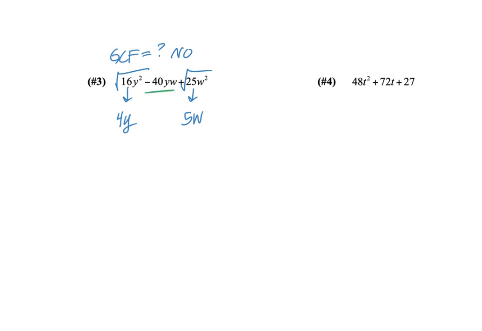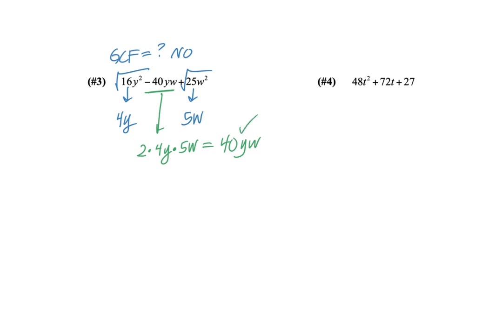So this is weird because it's got w's and y's, but that's okay. So my question is, is 2 times 4y times 5w going to equal that middle term? 2 times 4 is 8, times 5 is 40, and I have a y and a w. Looks like it is. Good.